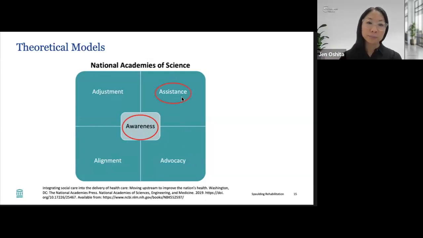So patients flagged as having a positive social need, meaning an unmet social need, are provided with resources and referrals to community, state, and federal programs and other resources.